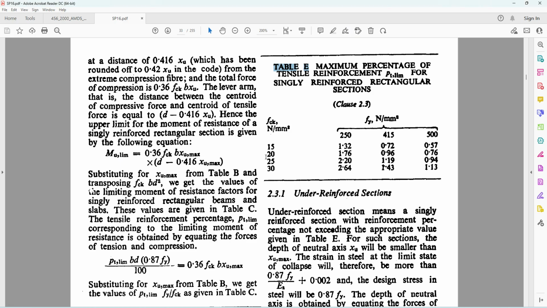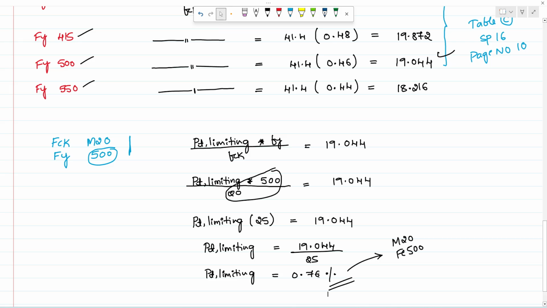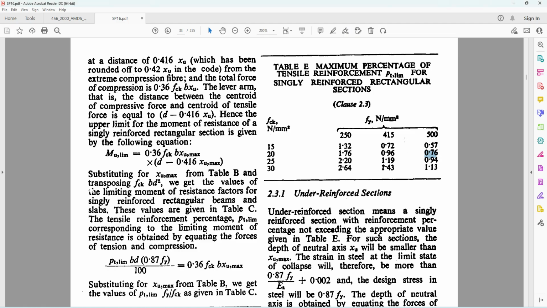Here you have a grade of concrete 20 and here you have grade of steel 500. What is the limiting percentage? It is 0.76. So the calculated answer is also 0.76 percent. So similarly, we can check the maximum percentage of tensile reinforcement for various grades of steel and various grades of concrete.